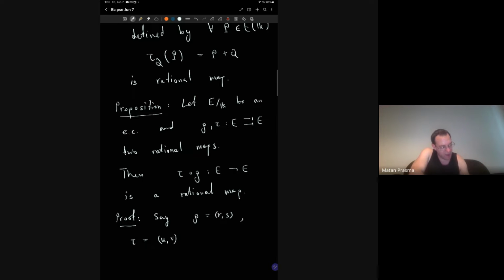And again, I remind you, with our amended definition of rational maps, I assume that r, s, u, and v are rational functions over K bar.